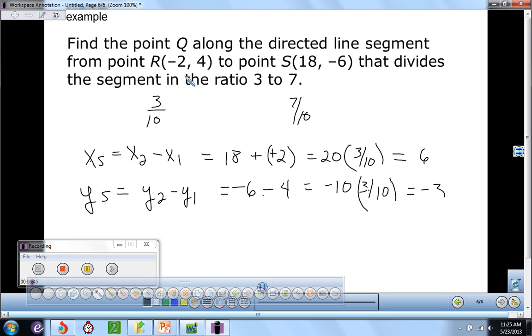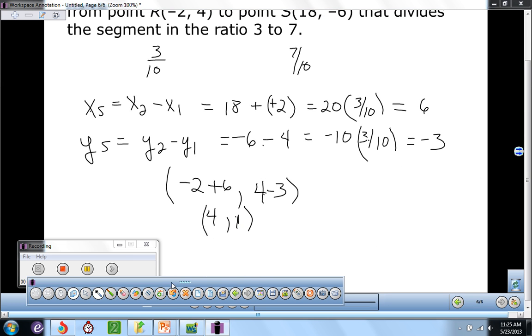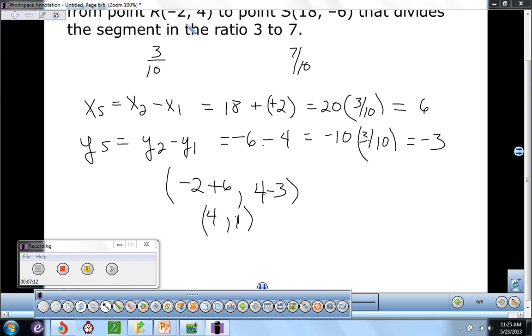So now what we would do is say -2 plus 6 for the X value, and then -4 minus 3. So our point should be at 4, +1. Okay, and so that's how we would come up with that point if we were coming from the R.